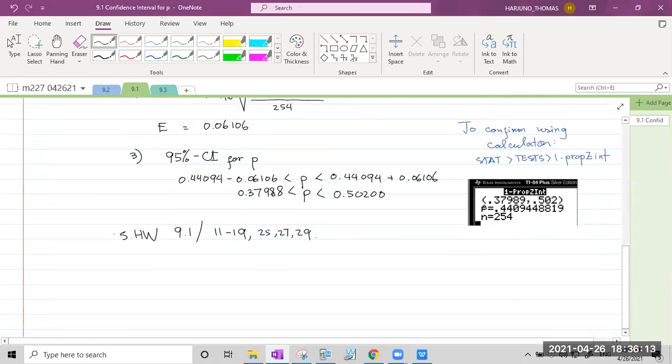Now the last topic, minimum sample size, which I will not go over today.